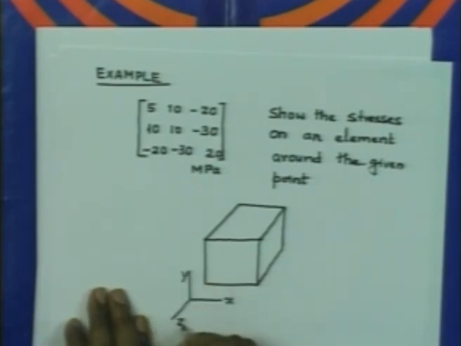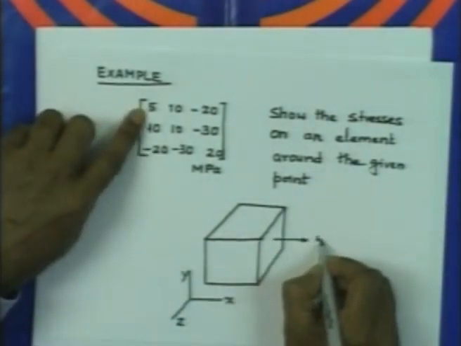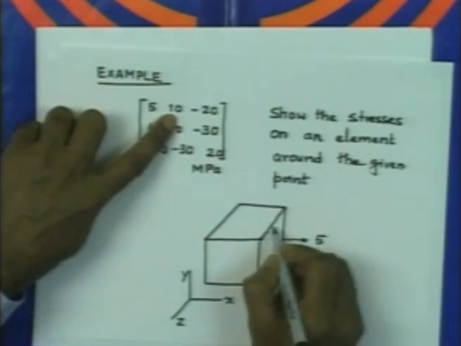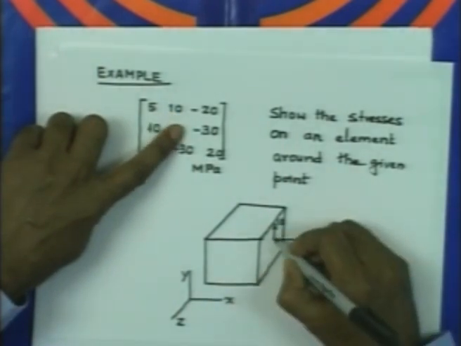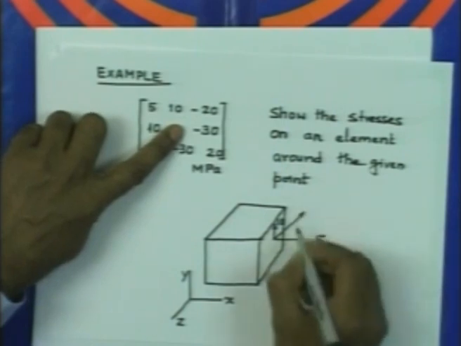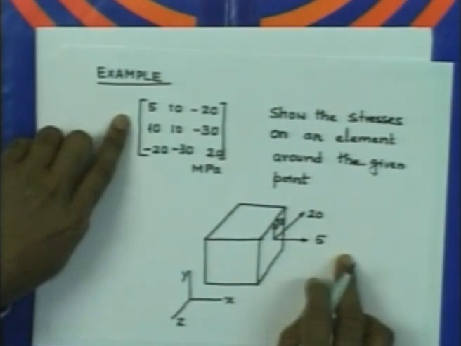So these are our axes. Now you see that on the x plane I have a stress of 5 MPa, acting in the positive direction, and 10 MPa, acting in the negative direction, so it is going to be directed like this, and this is 20 MPa. So these are the stresses on the x plane.